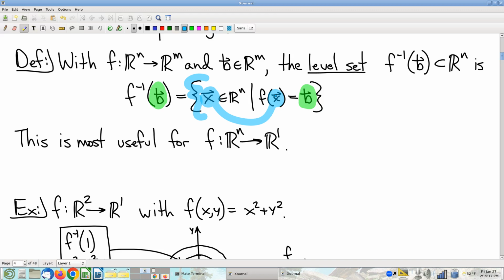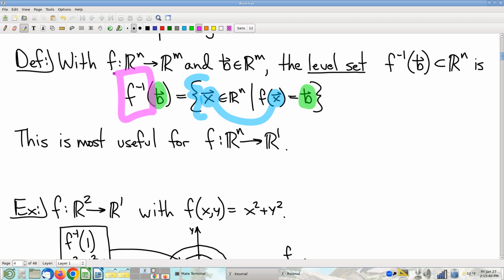In some sense, we're taking the output and going backwards through the function to find the corresponding inputs. With that backwardness in mind, F inverse is a pretty common notation to represent a level set. Now, to be fair, this is not a function.